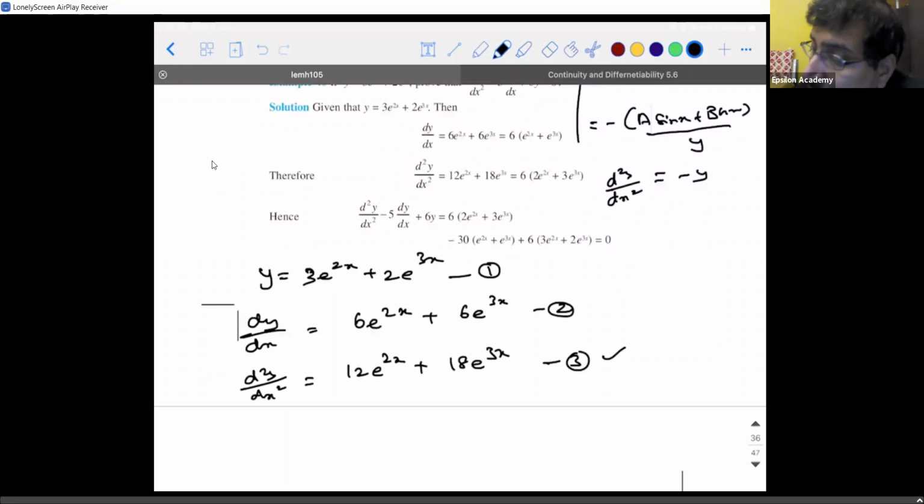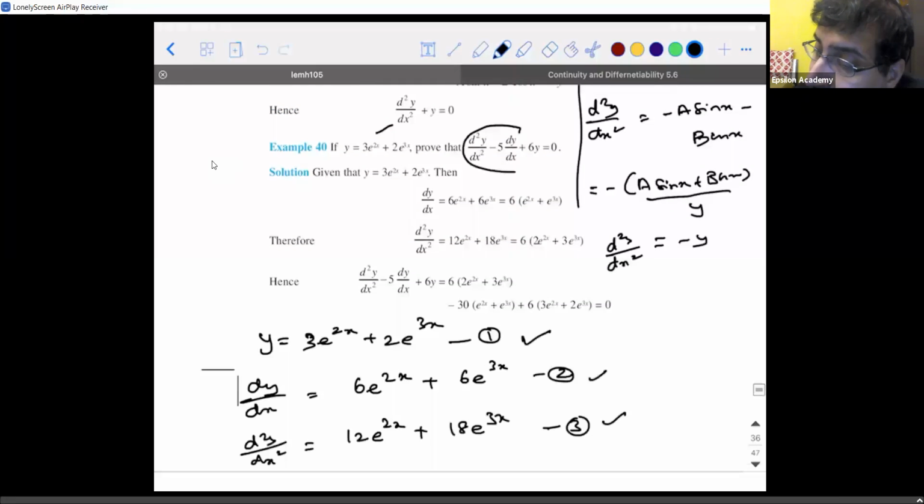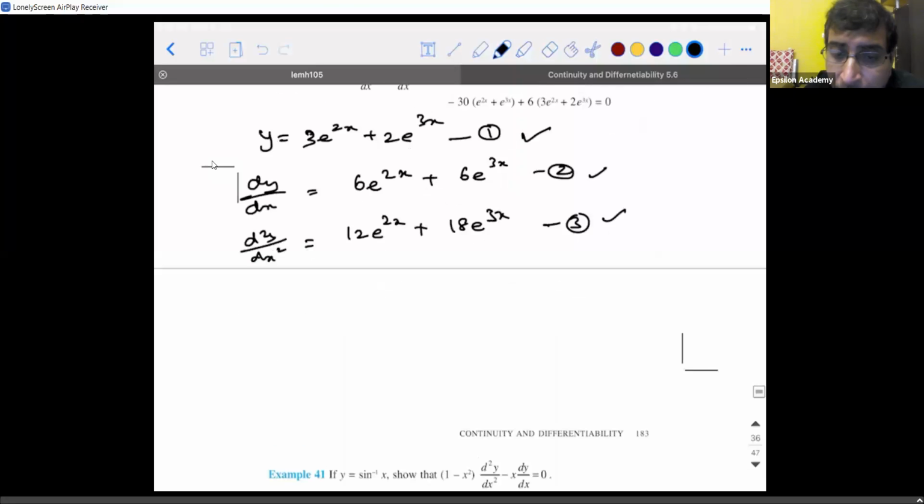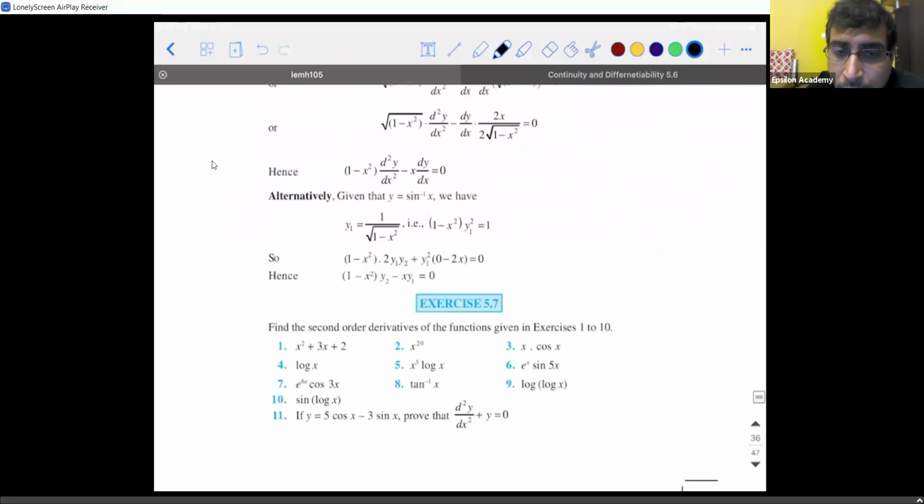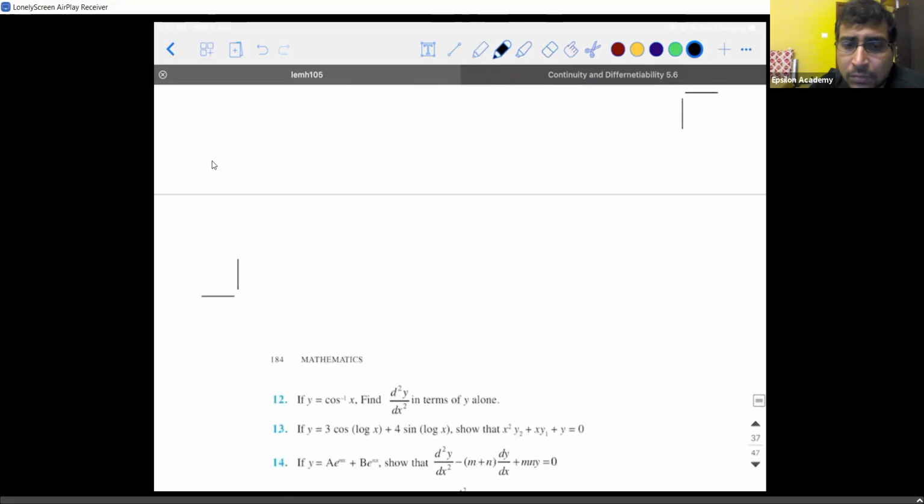Substitute 3, 2 and 1 in whatever they have asked on the left hand side. When you solve this, the answer should come out as 0. That's it. That part I hope you guys can do. So this exercise I'm leaving it to you to solve, because it's a simple one.